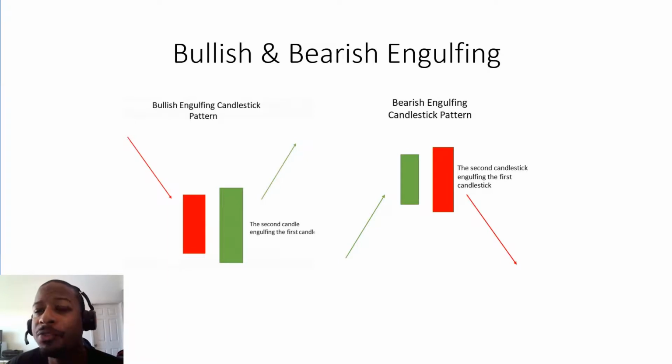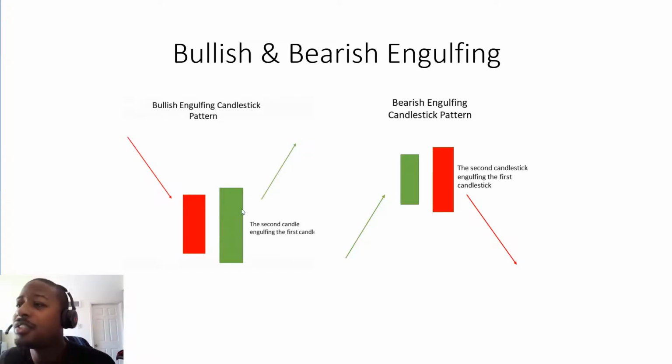So it's formed because the second candle is typically engulfing the first candle. As you can see here, say these last few candles before this were downtrending, downtrending, downtrending. Now this green candle comes in and it pretty much completely takes over the entire body of the previous candle.